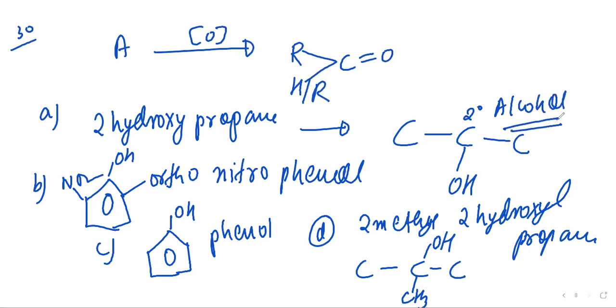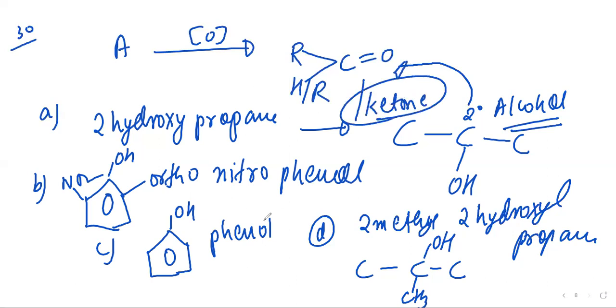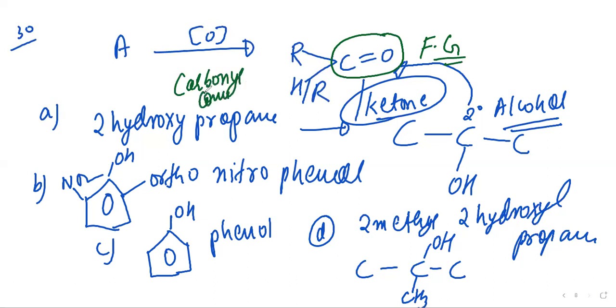This is a 2-degree alcohol, so we are forming a carbonyl compound. As I have explained, a 2-degree alcohol is converted into a ketone. So this is your ketone, and a ketone is also called a carbonyl compound. In a ketone, this functional group is there, and this functional group is also called a carbonyl compound.